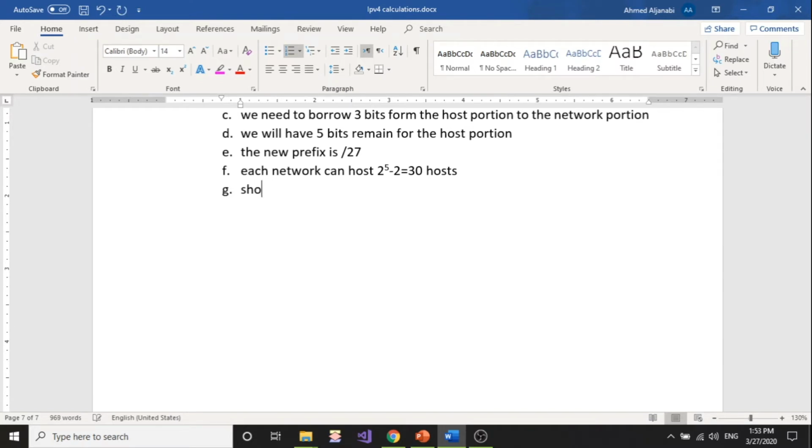What if a network only needs 2 IPv4 addresses?